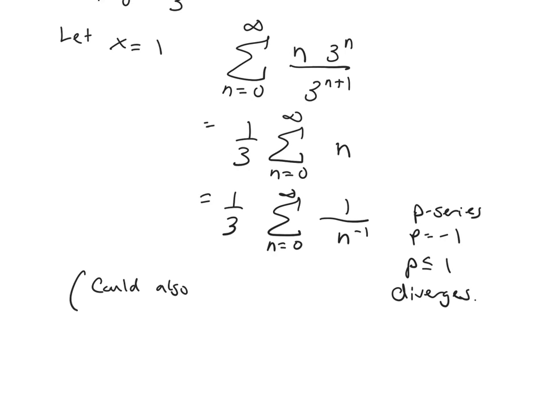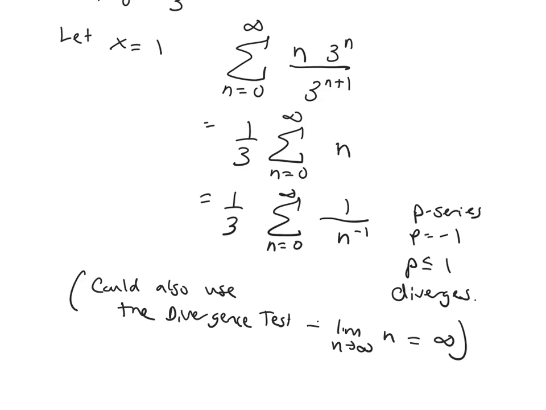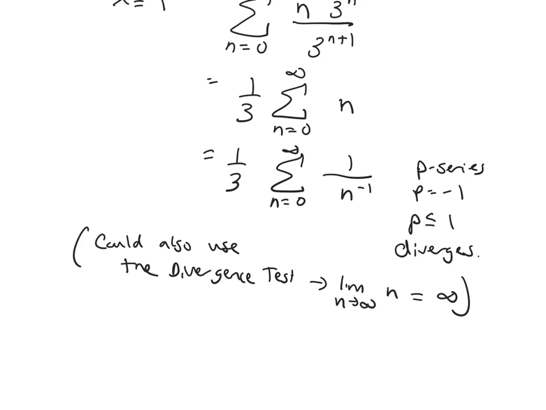Could also use the divergence test, because if you take the limit of n, you get infinity. If you get anything other than 0 for the limit, it has to diverge by the divergence test.